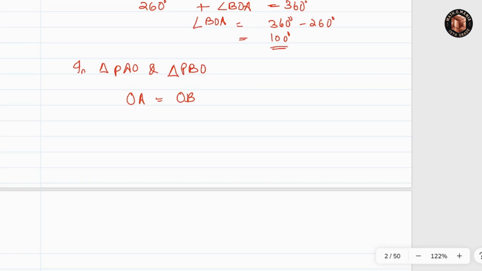Now, OA equal to OB, OP equal to OP because it is common, OA equal to OB because it is the radius. And next we can write AP equal to PB.